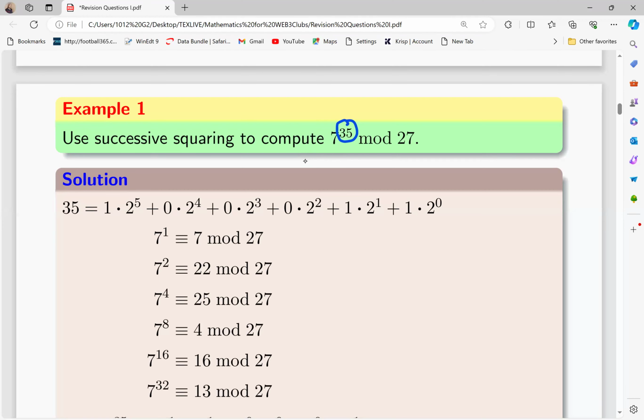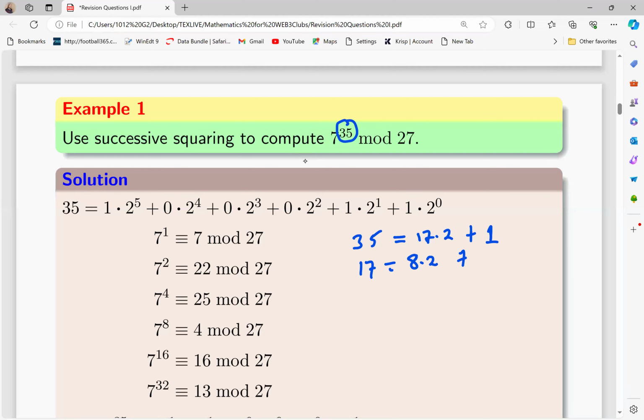Just take 35 and divide by 2. 2 goes into 35 seventeen times, and the remainder is 1. Then 2 into 17 is 8 times.